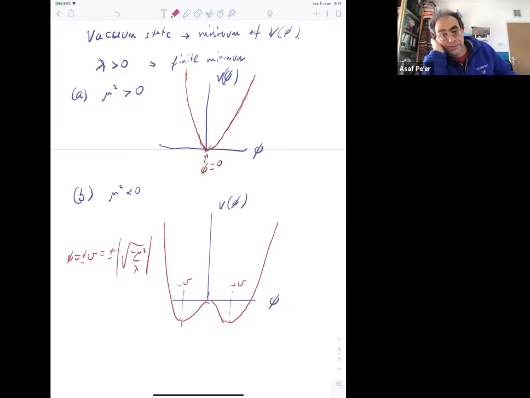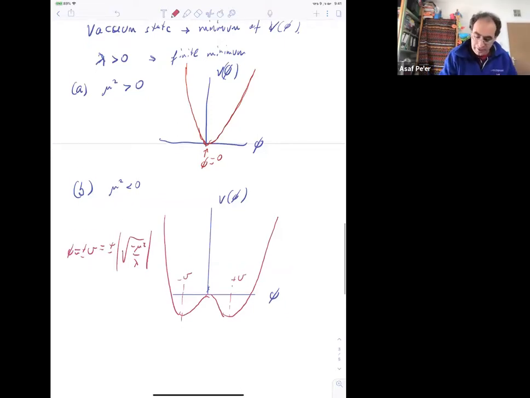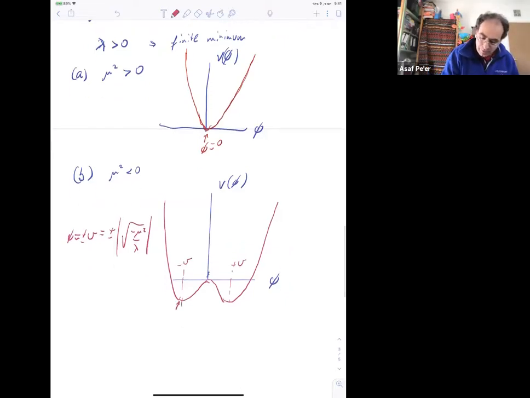So it's clear to everybody? This is just a choice of a sign for mu squared. So we no longer have a mass term, and the lowest energy state does not occur at phi equal to 0, but rather at phi equal to plus or minus v.